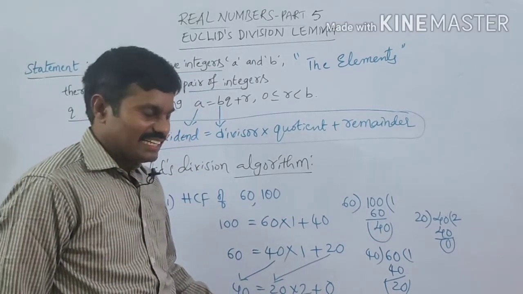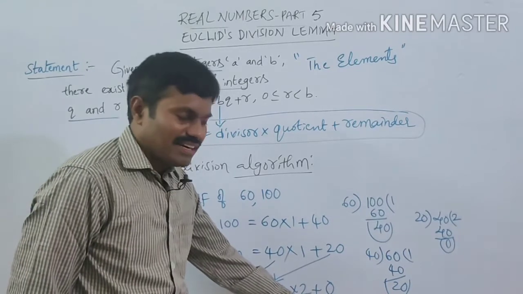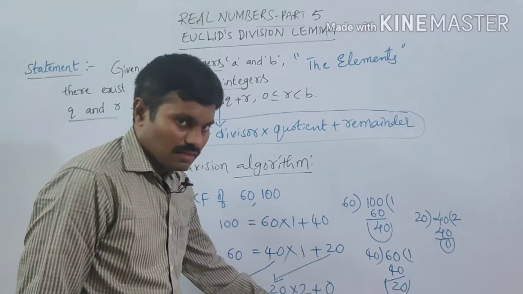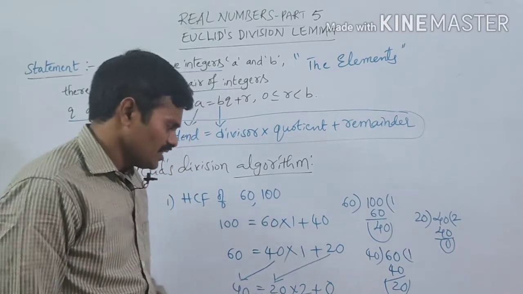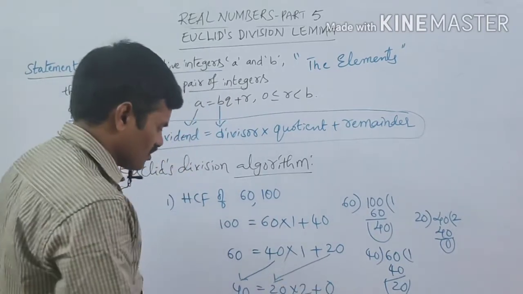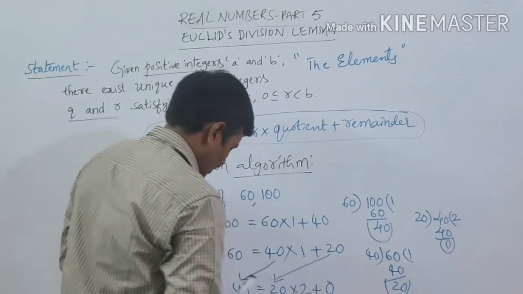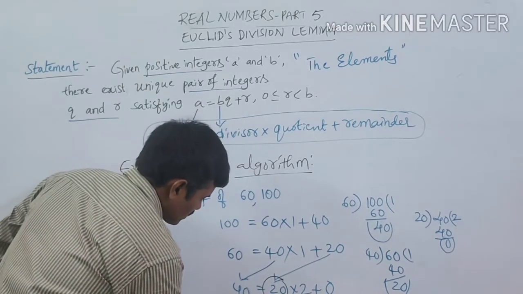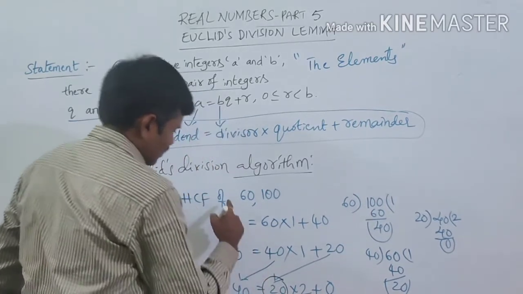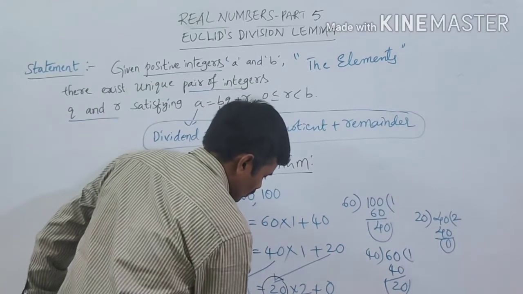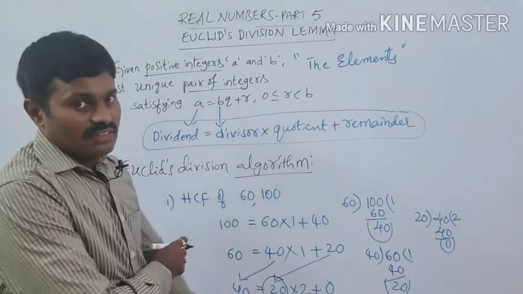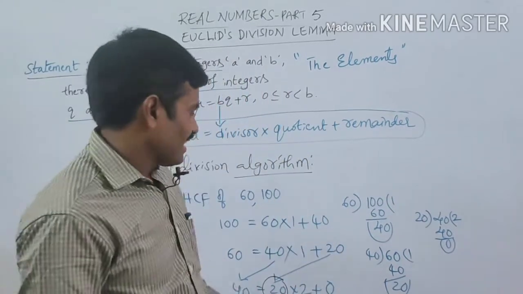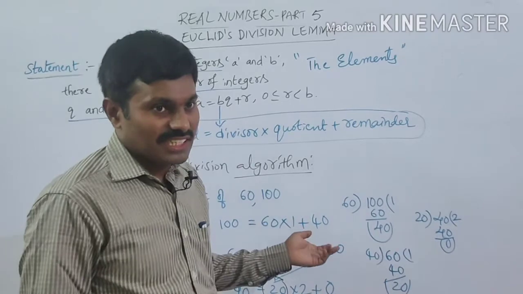For 20. So here there is no further proceeding. The process is stopped. Till we get 0, we have to continue the procedure. So our answer is: HCF of 60, 100 is 20. Okay students, like this we find the HCF of 60, 100.